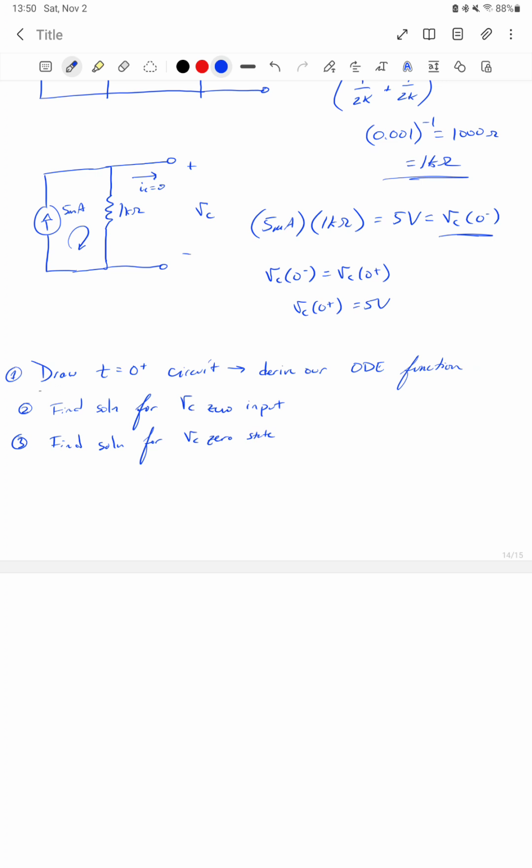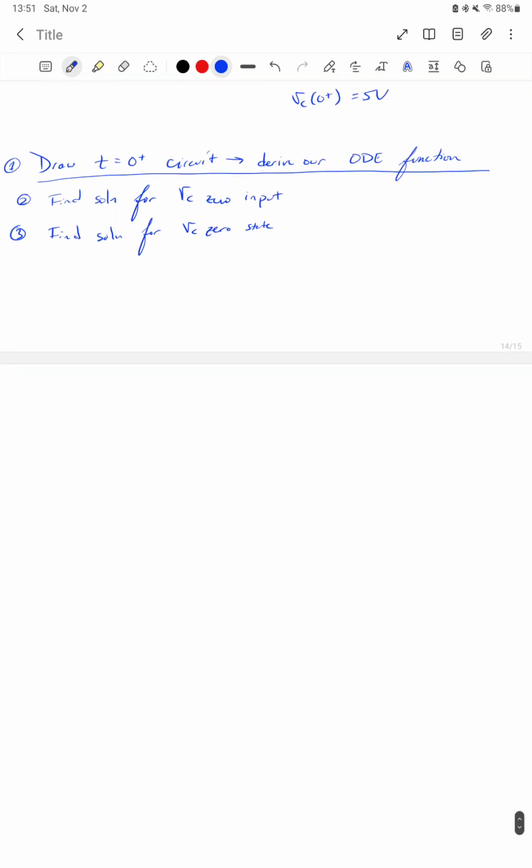The circuit that we draw is not necessarily what's going to be applied to both of these, right? Because 0 input means that we're turning our sources off. 0 state means that we have nothing in our storage components, your capacitors and your inductors and such. So they're not exactly the same thing, and that's why I'm separating these. But let's take it one step at a time.